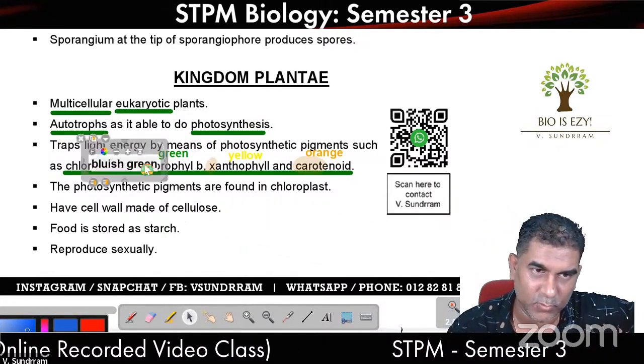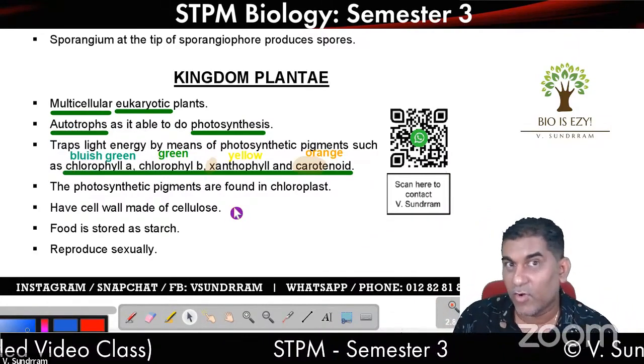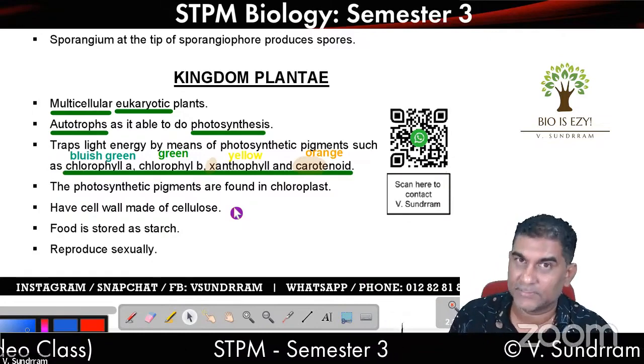These are the 4 photosynthetic pigments.